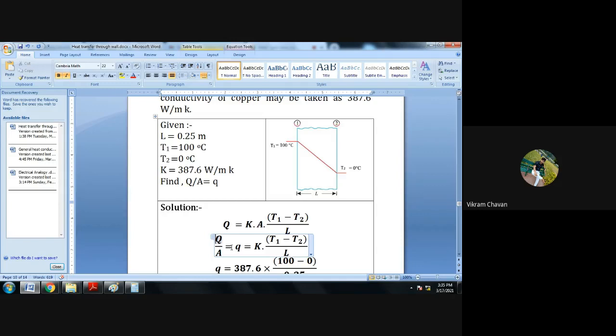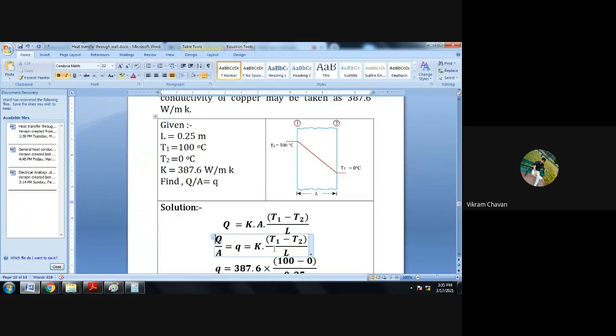Heat transfer rate per unit area is called heat flux. So Q by A is equal to K multiplied by (T1 minus T2) whole divided by L.